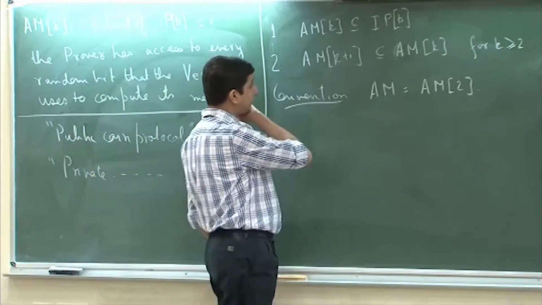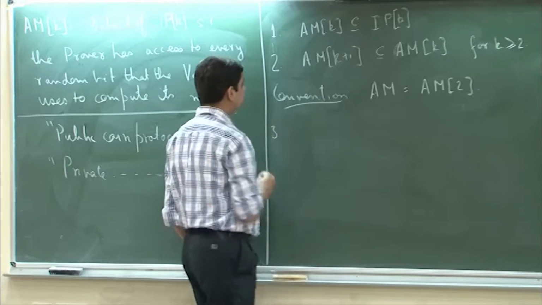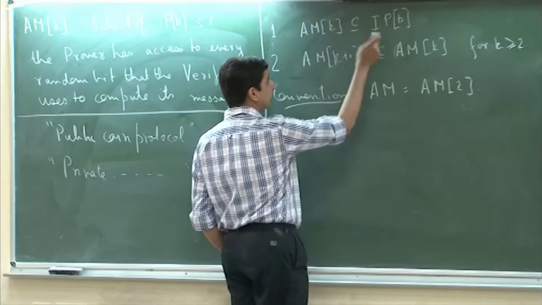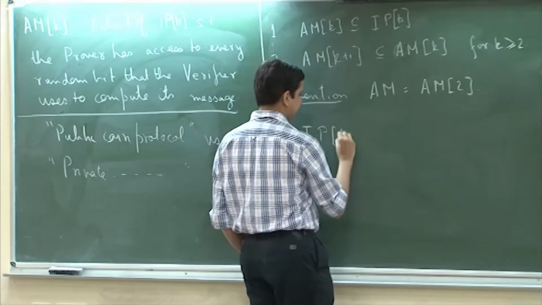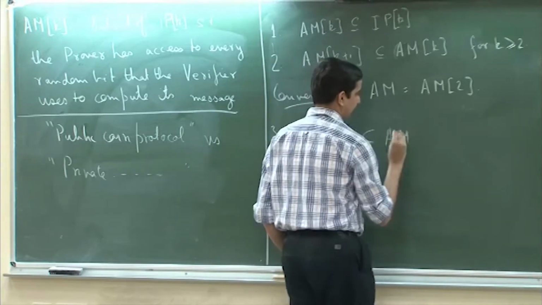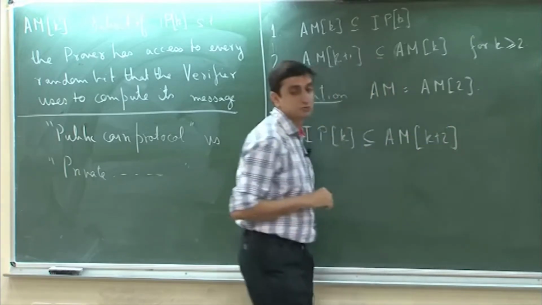The third property about these classes is that AMk is contained in IPk by definition, and IPk is contained in AMk plus 2.